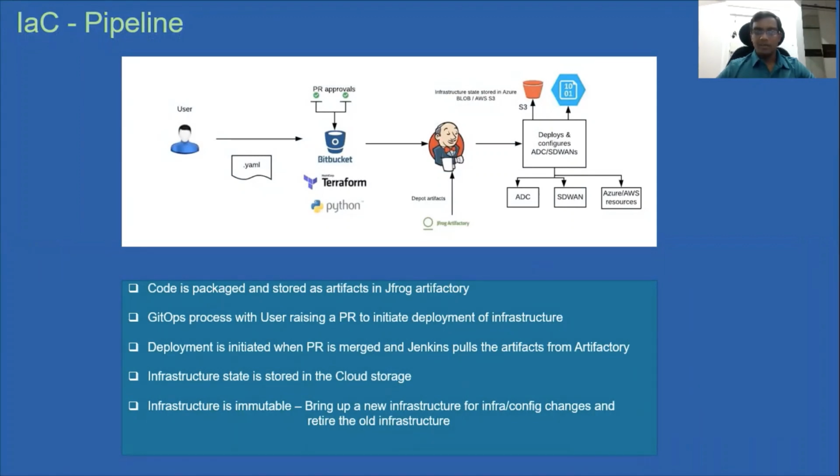When we want to make any change in the existing infrastructure, we bring up a new infrastructure, redirect the traffic to the new one, and retire the older infrastructure. In this way, we don't do any configurations on the existing infrastructure, thereby not affecting any of the production traffic.